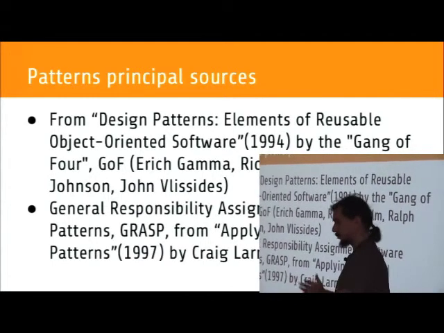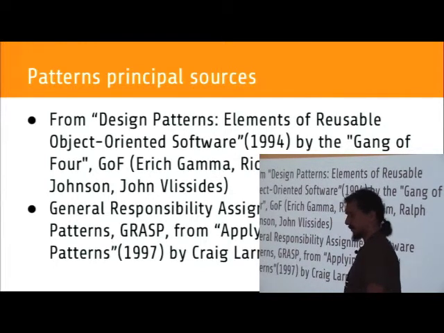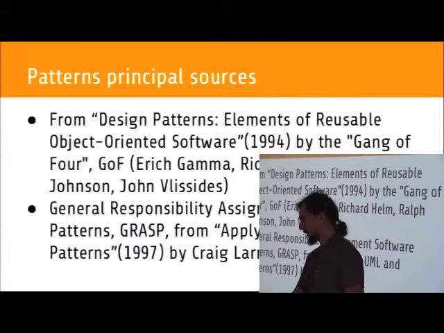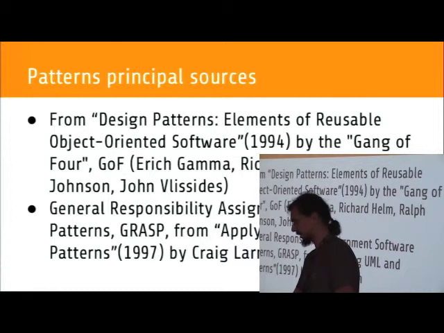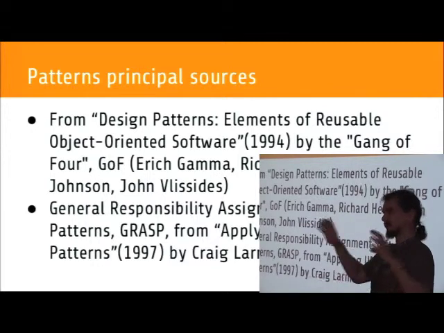And another book is by Craig Larman about the GRASP classification, General Responsibility Assignment Software Patterns, a great book for developers. We will take some patterns from these two books and try to implement them to describe the infrastructures.